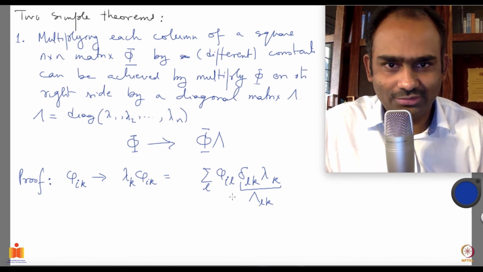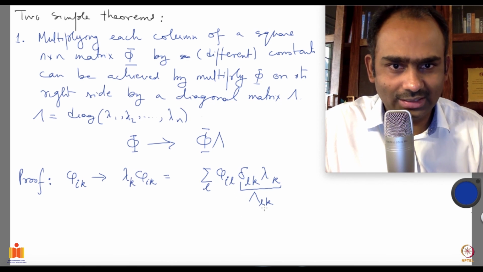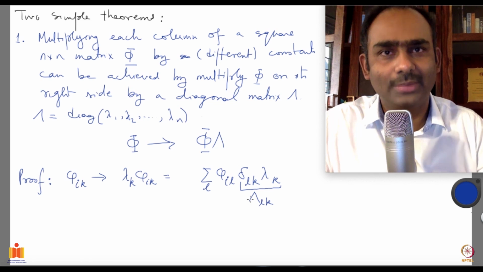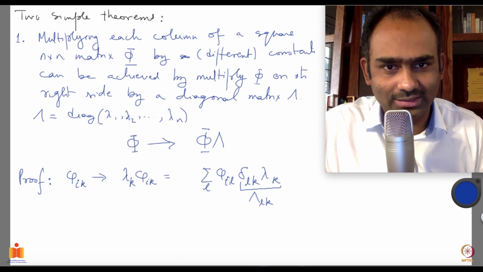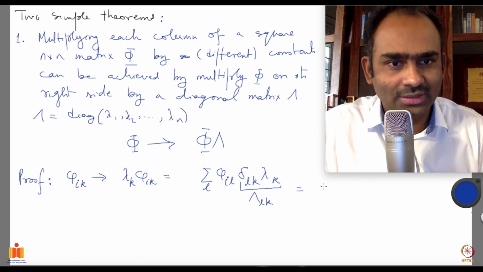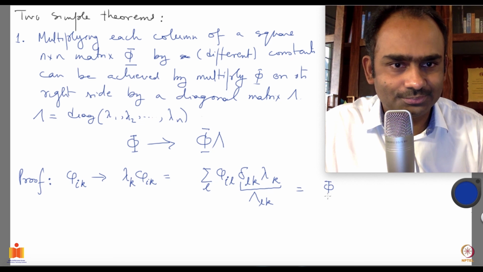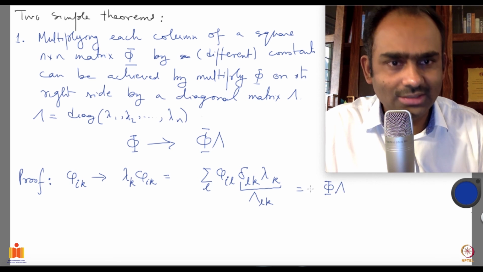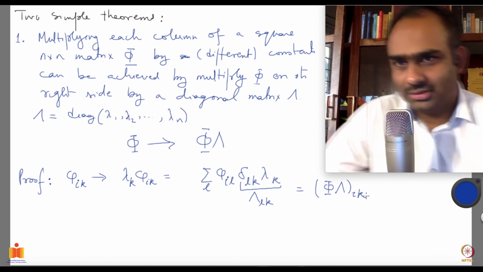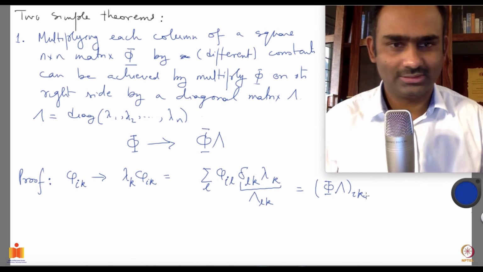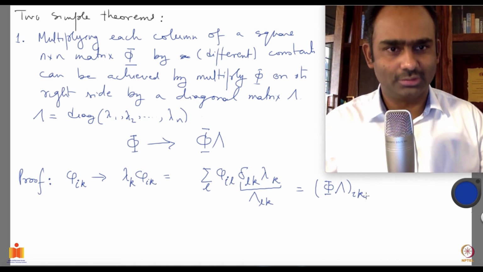And what is phi I L times lambda L K? This is just the rule for matrix multiplication. So I am summing over L. So this I write as phi times lambda, and we are here looking at the I kth element. So that's good. If you want to multiply each column, that is what you should do.